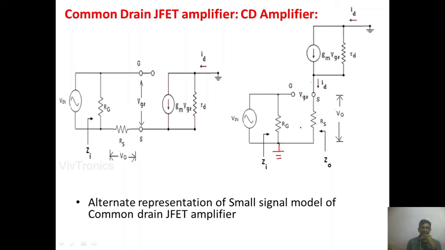The source terminal has moved here, and from the source terminal to the drain terminal we have gm VGS in parallel with the internal drain resistance RD, with drain current ID. We take the output V0 across the RS resistance.